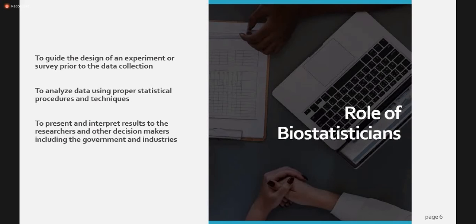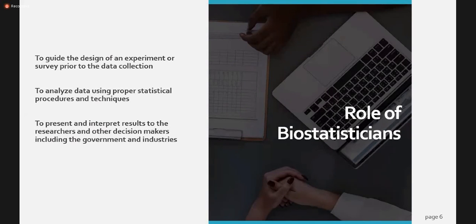And finally, the role of biostatistician is in the presentation of the data, because analysis is not the end of the research. Finally, you have to present that data to the rest of the world, the governments, the NGOs, or your funders, or maybe industries, or maybe your peers and the population and patients.